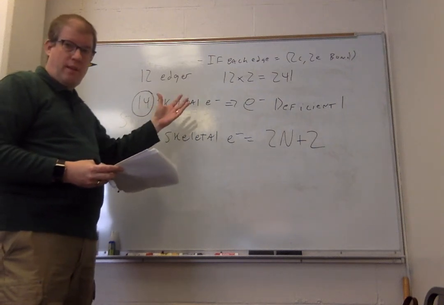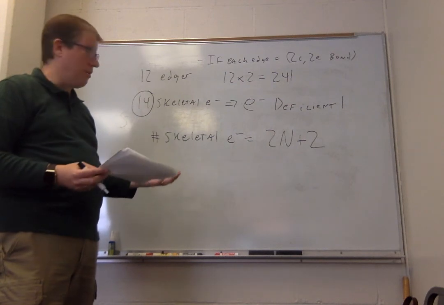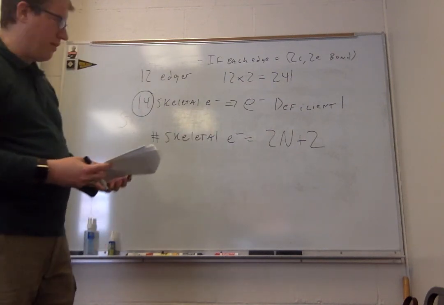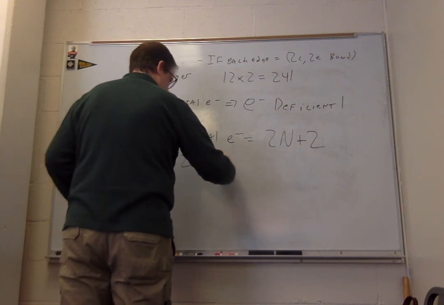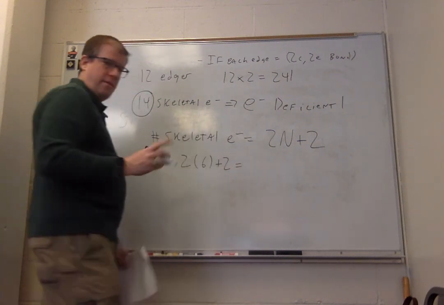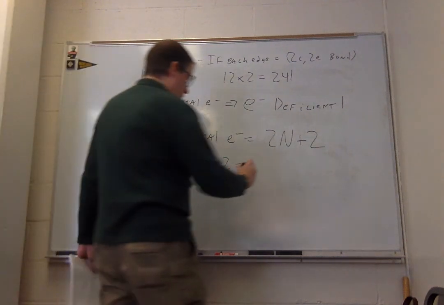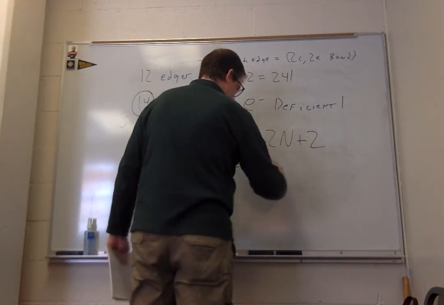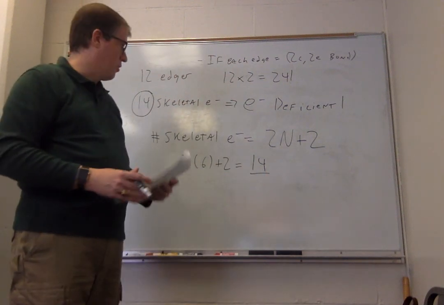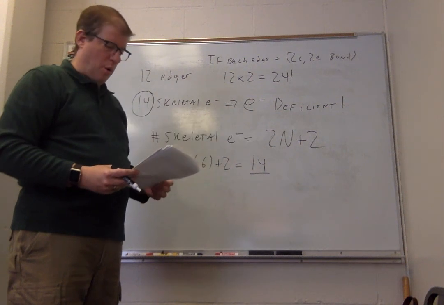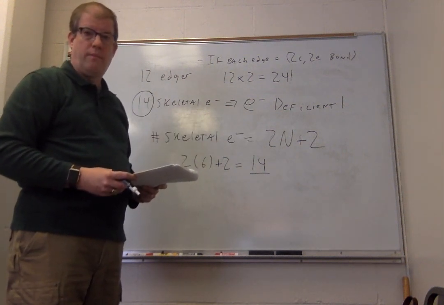You can do it the way we just did: how many vertices are there, each one takes 2 electrons, subtract from the total. Or this. Let's just make sure that this works. Again, n is the number of vertices. We got 6 of them. And lo and behold, 14 electrons. So it does. You can remember that formula, or remember the technique that we used previously.